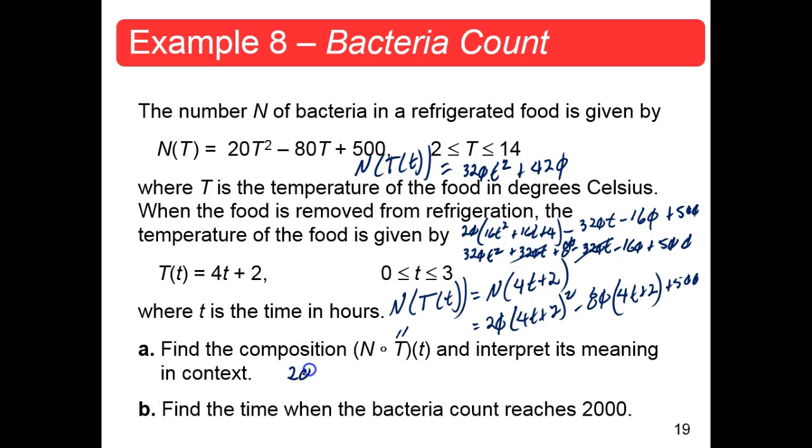So you do 2,000 is equal to 320 t squared plus 420. How do we solve that? Subtract 420 from both sides. 1,580 is equal to 320 t squared. Divide by 320.